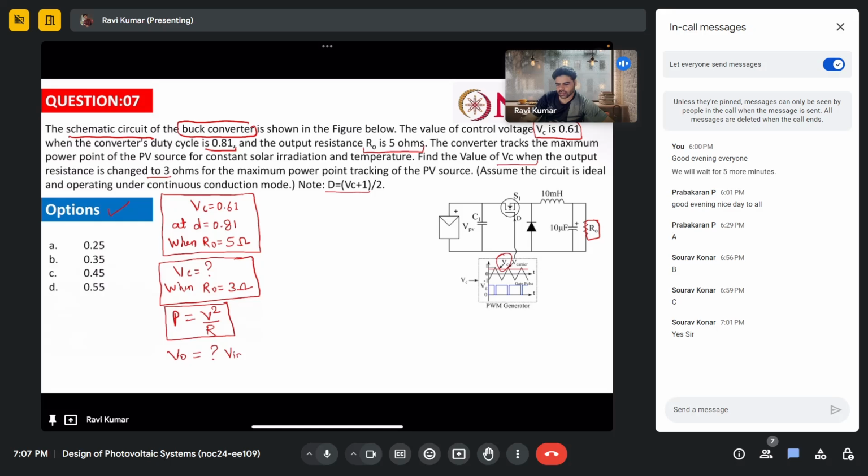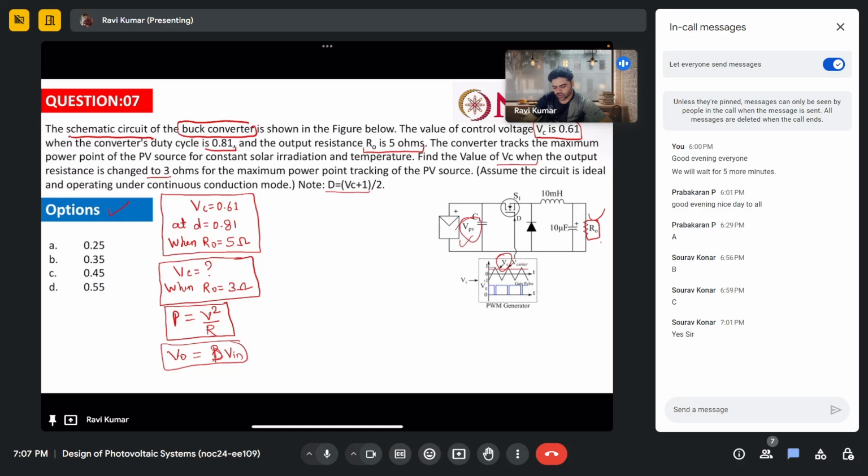What is the relation between V output and V input of a buck converter? Because we need a relation, since R naught is given from here. Yes, it will be just D into V input.